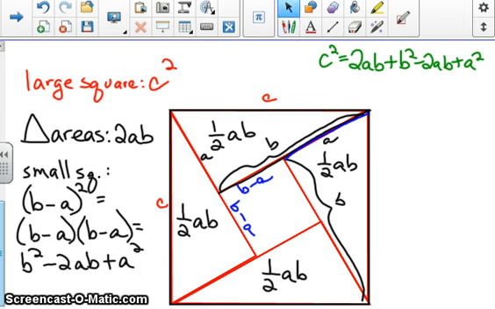This time it's all on the same side of the equation. 2AB minus 2AB is 0. So I have C squared equals B squared plus A squared, or using that combination of symmetric and commutative properties, A squared plus B squared equals C squared.